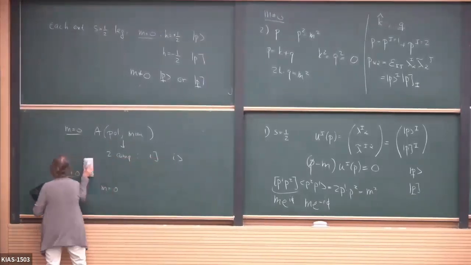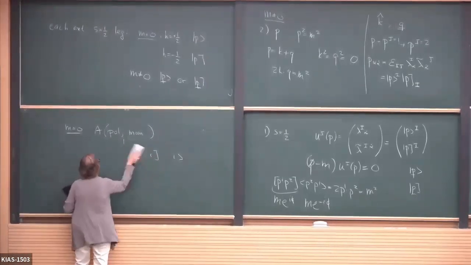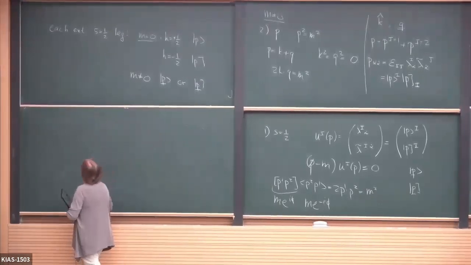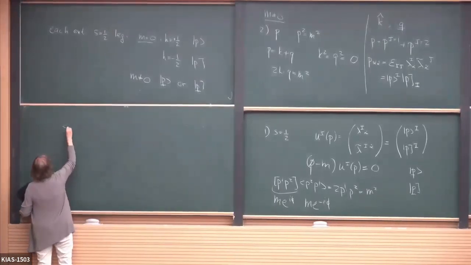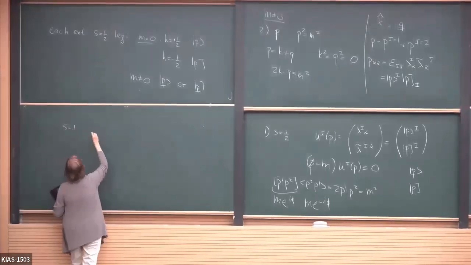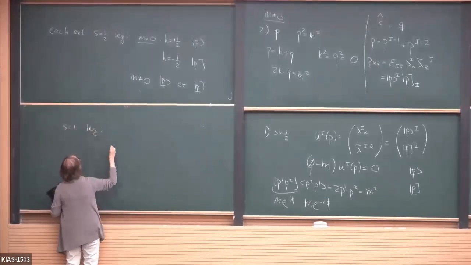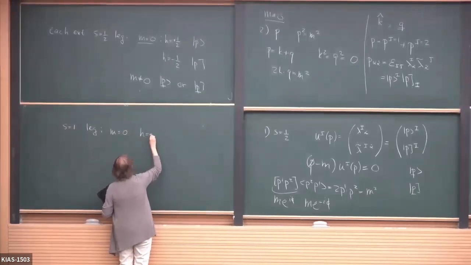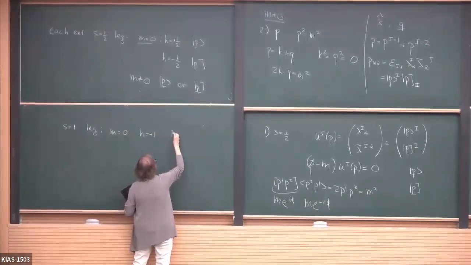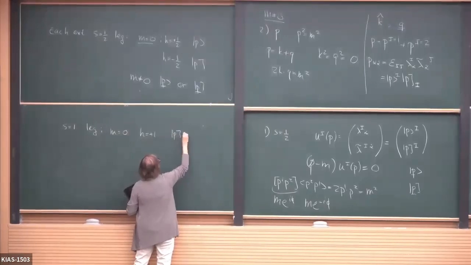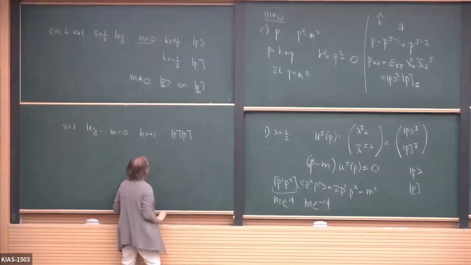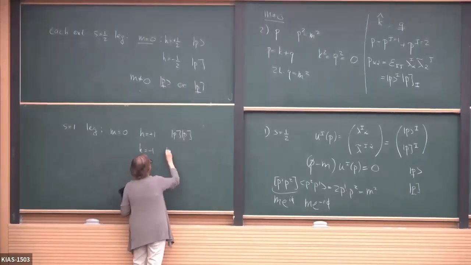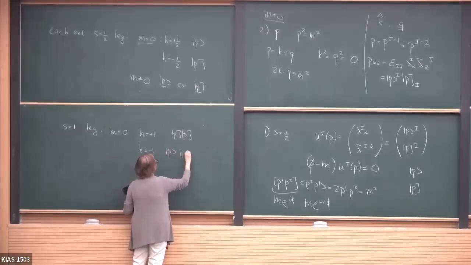Then for spin 1 particles, it's exactly double that. For each spin 1 leg, if m equals 0 and h equals plus 1, then we need 2 of these. If h equals minus 1, we have 2 of these.